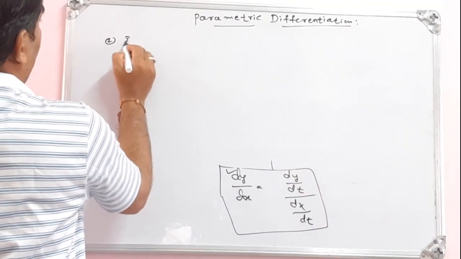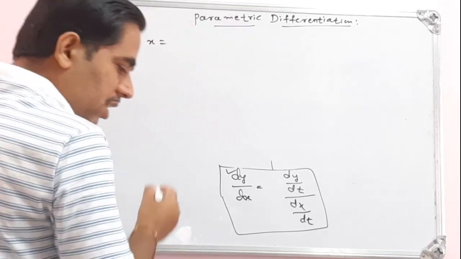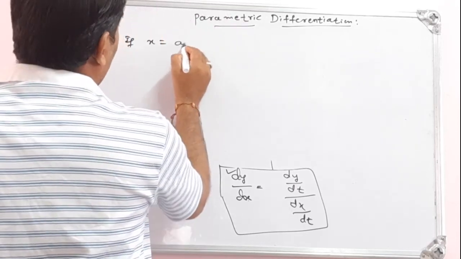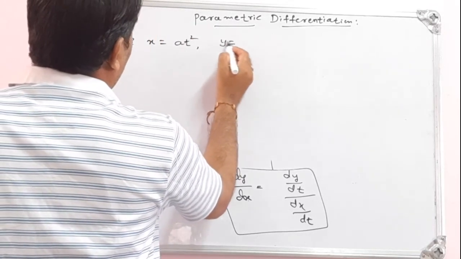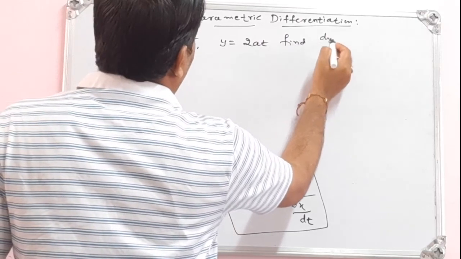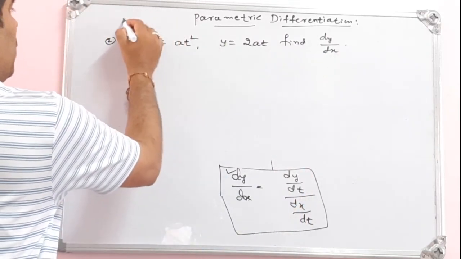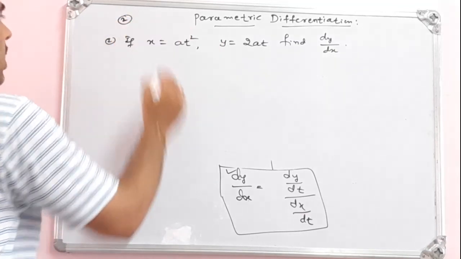Second example: if x is equal to at square, y is equal to 2at, find dy by dx. This is a very simple example. You can take this as a 2 marks question.